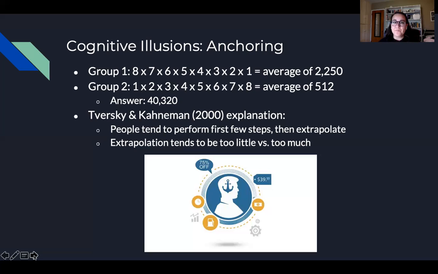Again, we see that anchoring can have a profound influence on the kinds of estimates that we make when we're faced with more complex information, or maybe in problems where we don't have all the necessary tools that we would like to use in order to figure out the answer on the spot, that we will have this tendency to try to anchor ourselves to a certain point.